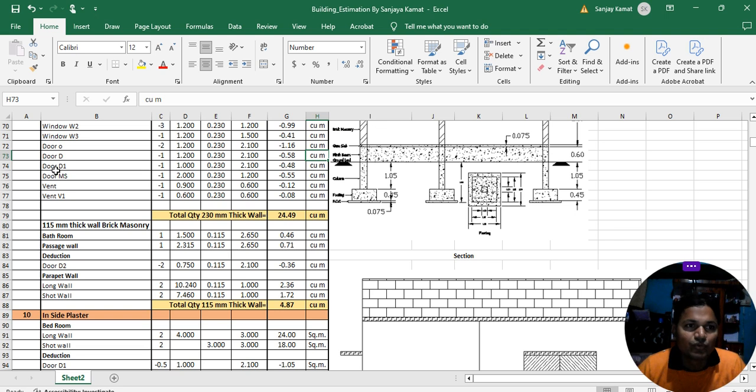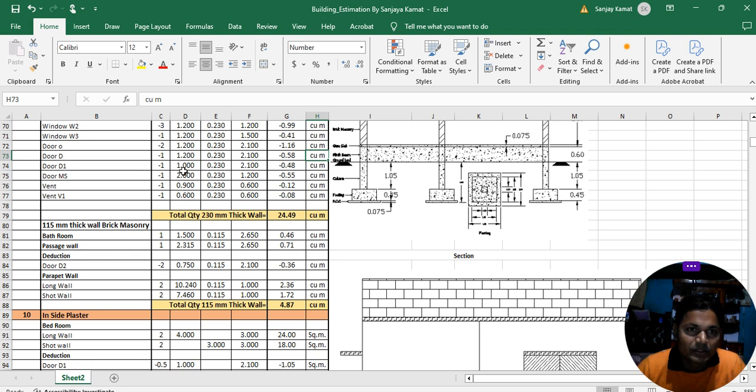And now similarly we will work for door D1. We have not used door 1, door 2, door 3. We have indicated them by door D, door D1. So we are working for door D1. For D1 we have taken the number -1.